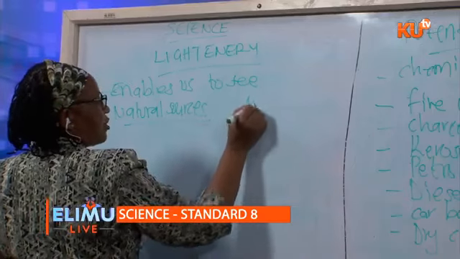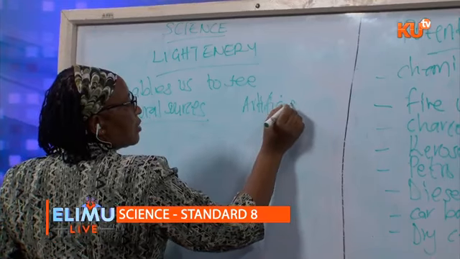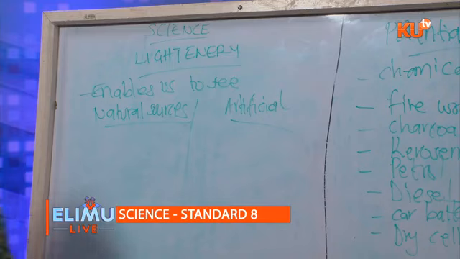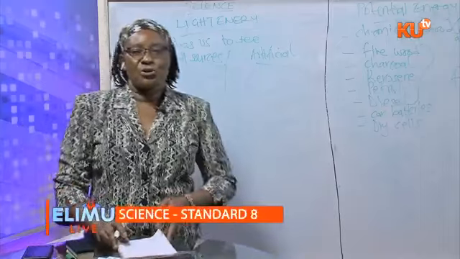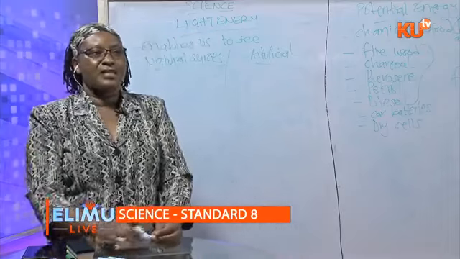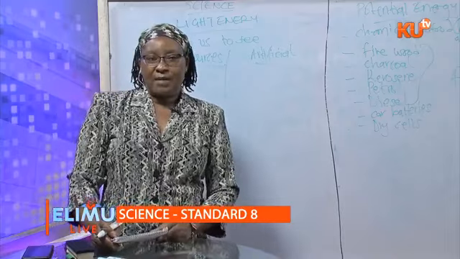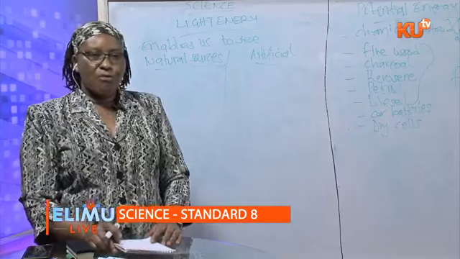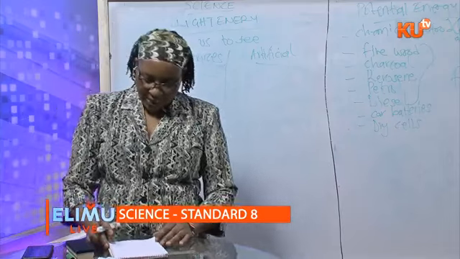And we have artificial sources. Now, natural sources of light are the sources which are not man-made. We didn't create them. We found them there and they give us light. For example, no man created the sun. Man found the sun already there, the moon also, and the stars. Those are natural sources of light.